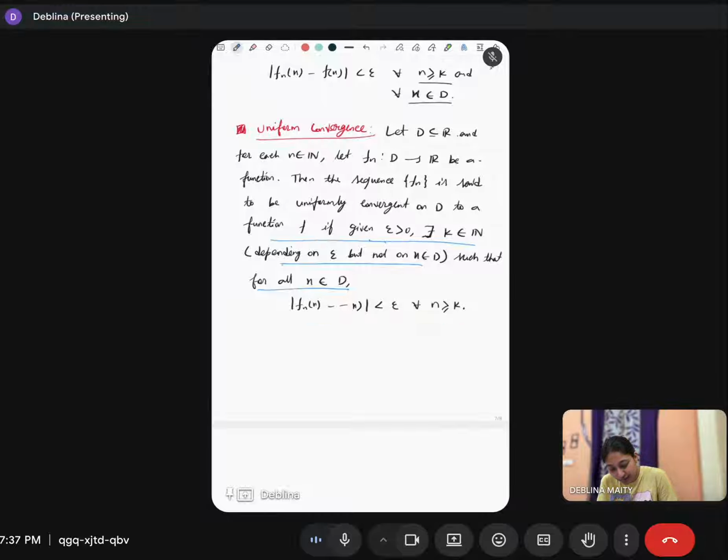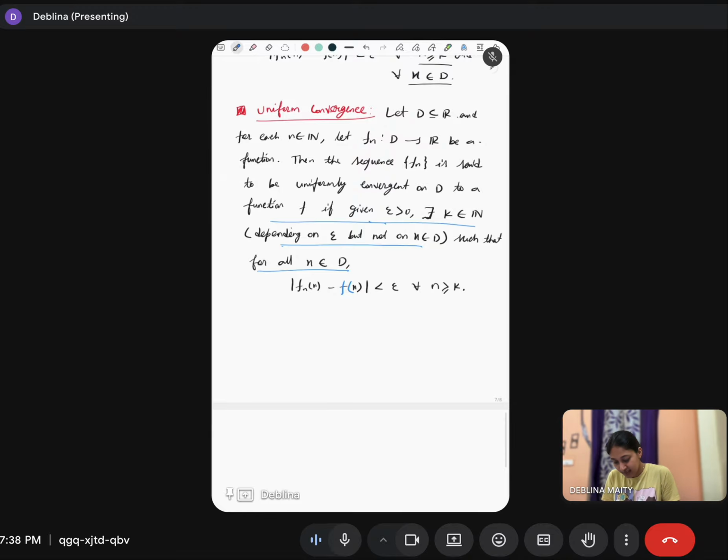It does not depend upon the points. Then we write fn converges to f uniformly, or limit as n tends to infinity of fn equals f uniformly.